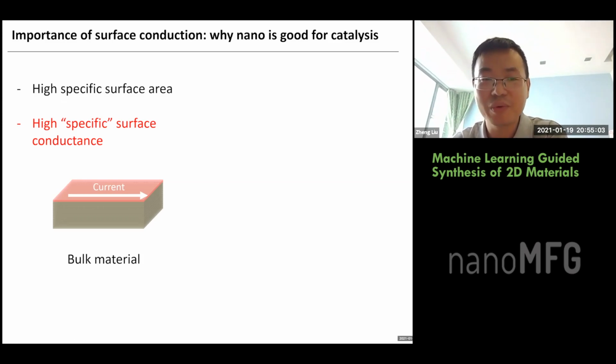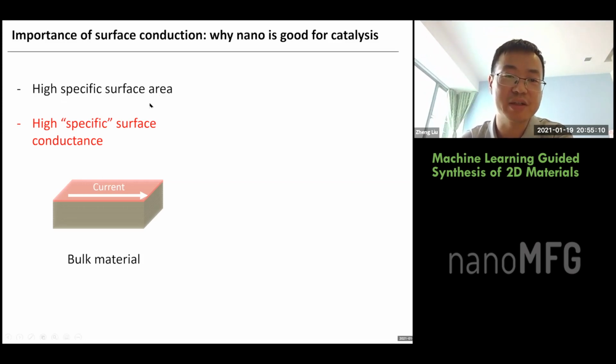But when we look at the details, we found that it's not only about surface area, it's also about surface conductance. Taking the bulk material example, when the reaction happens, I mean the semiconductor, only the surface can carry current.